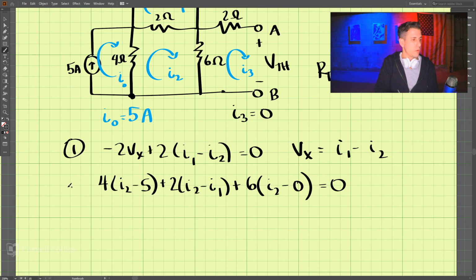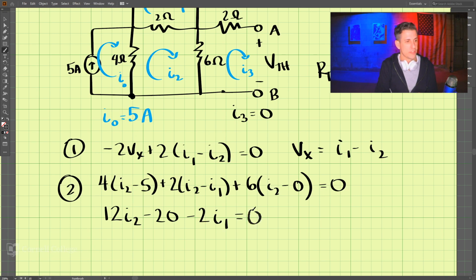So that is our second equation. Let's expand this equation, which turns out to 4 plus 2 plus 6, so that's 12I2, minus 20, 4 times 5, minus 2 times I1 equals 0.